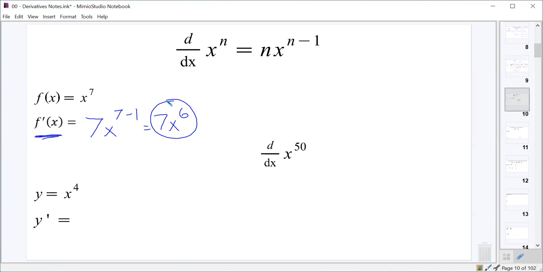So here, if y is x to the 4th, y prime, or the derivative of y, should just be 4x to the 4 minus 1 power, 4x cubed. And over here, the derivative with respect to x of x to the 50th should just be 50x to the 49th, 50 minus 1.